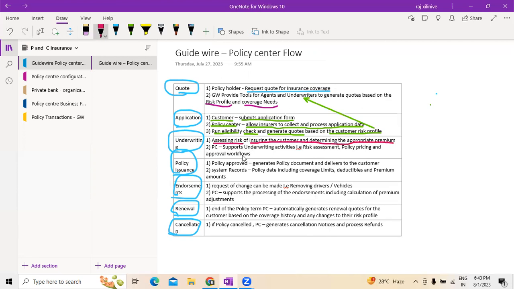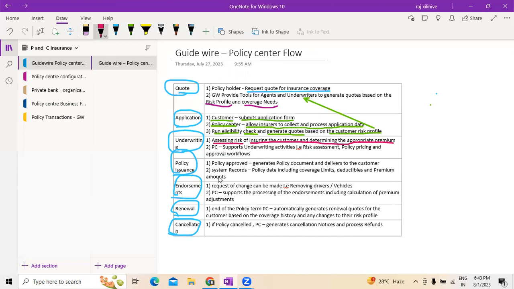They have to determine, based upon the coverage an individual is opting for and is really eligible for, what premium is required and how appropriate the premium is. That has to be decided at this level.